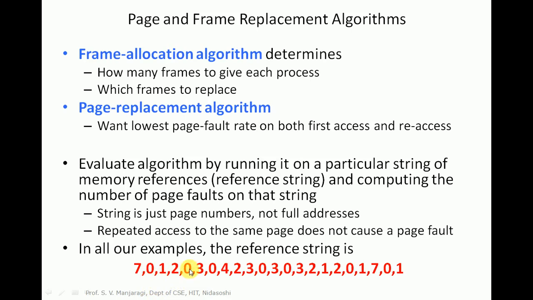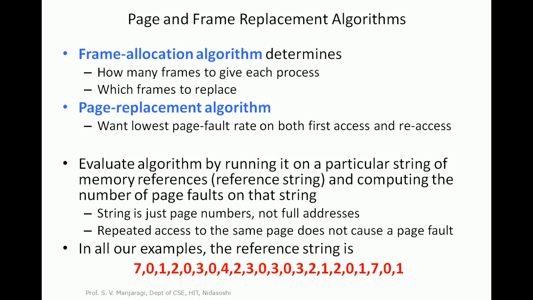If you make a page reference here, and that page is not there in the memory, then a page fault occurs, and that corresponding page we need to bring into the physical memory from the disk. If a particular page is already there in the memory, and the same page is accessed once again, then it doesn't cause a page fault because it is already there in the memory, it can be reused.